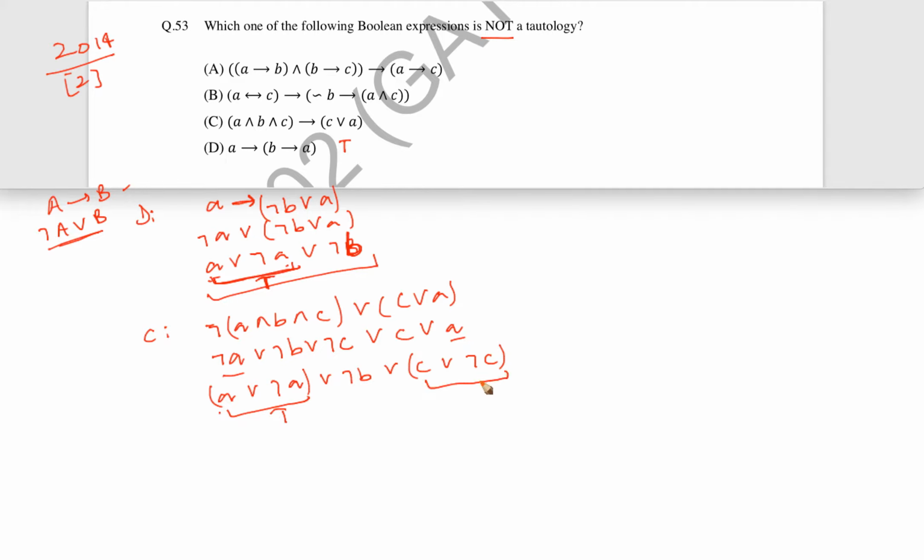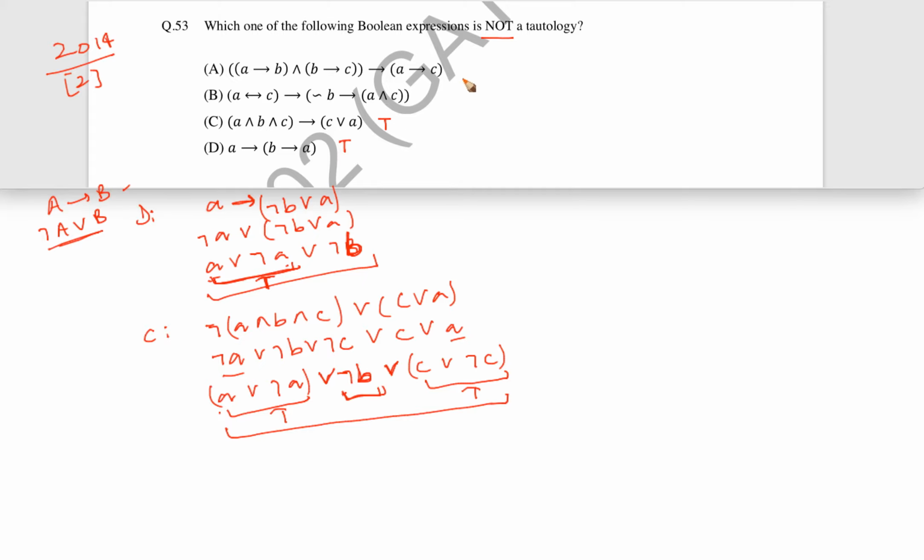C or not C will always be true. Now these are OR signs. So irrespective of the value of not B, whatever it is, this entire statement is always going to be true, because true or any value is true. So C is also a tautology.